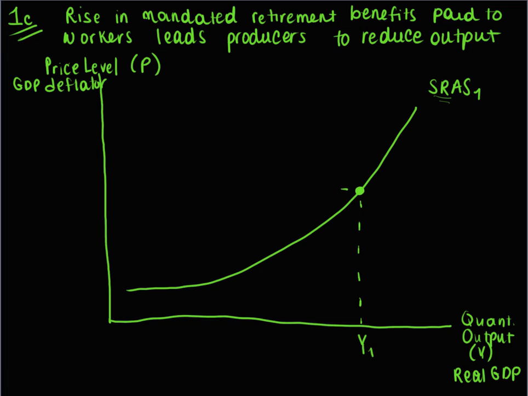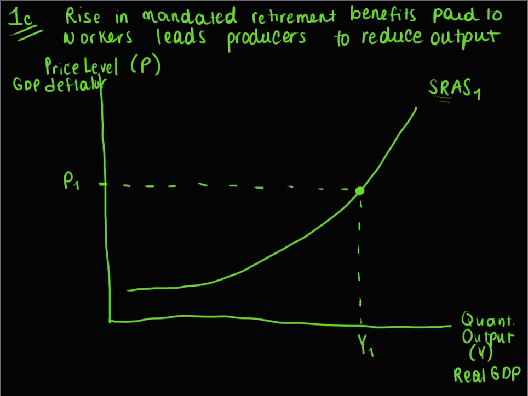So now my first question to myself has to be, am I talking about a movement of the curve, or am I talking about a shift of the curve? Remember that a movement is going to come as a result of a change in the price level. When my suppliers change how much they supply because of a change in the general price level, then I'm going to move along the supply curve.